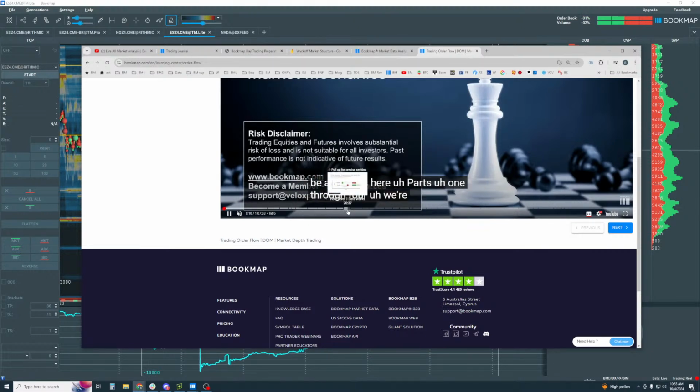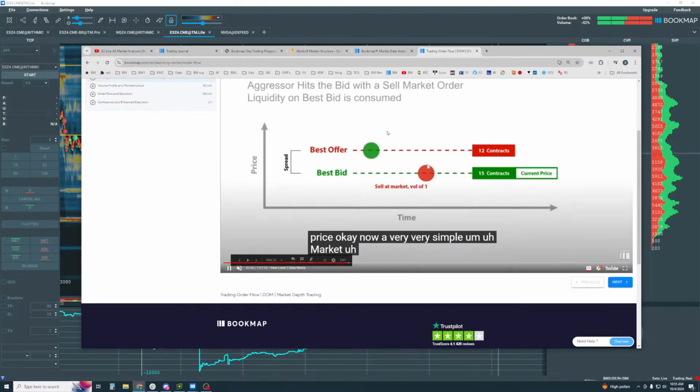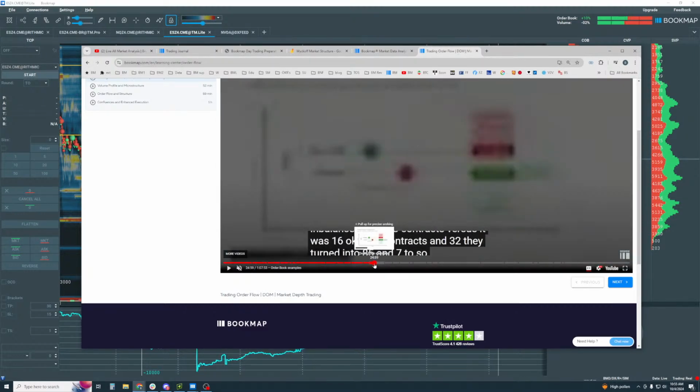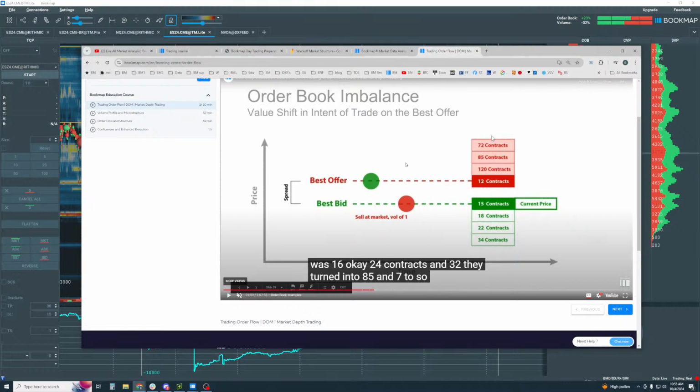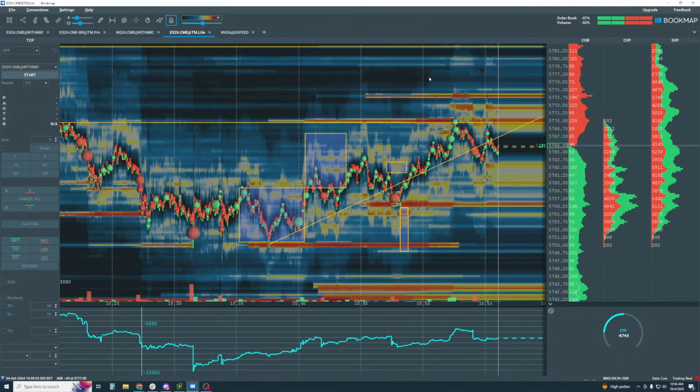We go through diagrams, where we have the best bid, the best offer, and the aggressor who moved price lower into these areas. So you can understand a shift in the order book, an imbalance, and how the market reacts to that. We already talked about that in the live market, but understanding this concept will be very helpful to take it to the next level. And continue to ask questions in here.